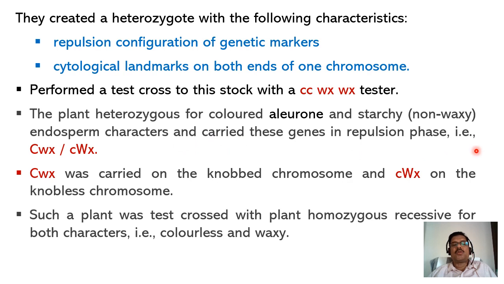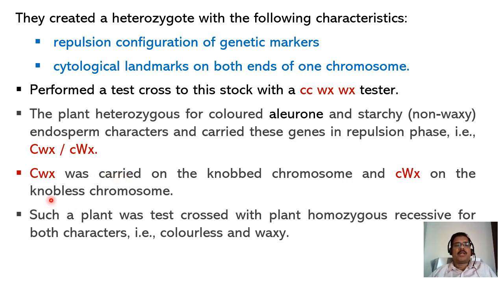The plant was heterozygous for colored aleurone and starchy, that is non-waxy, endosperm characters, and carried these genes in repulsion phase: capital C, small wx, and small c, capital Wx.